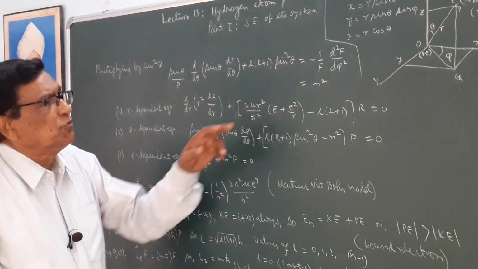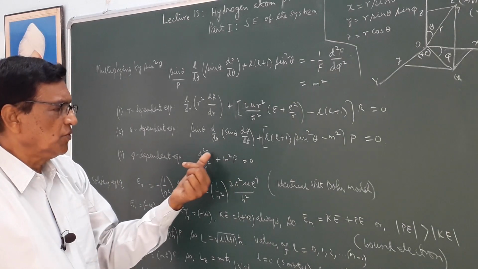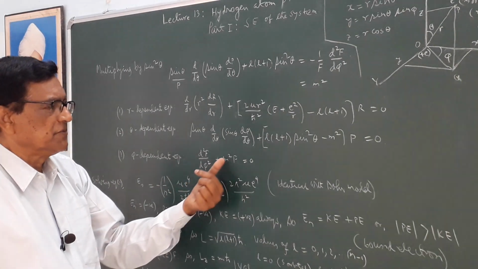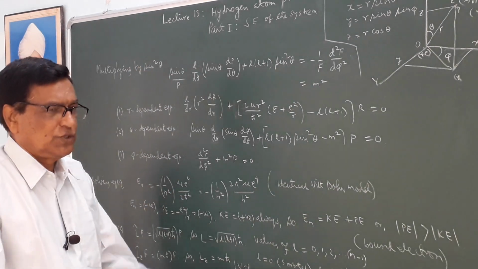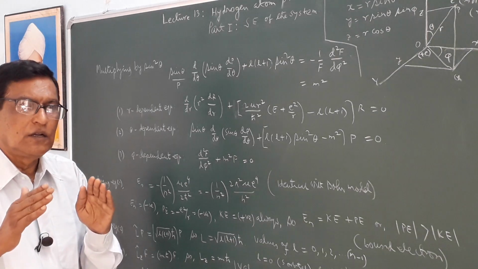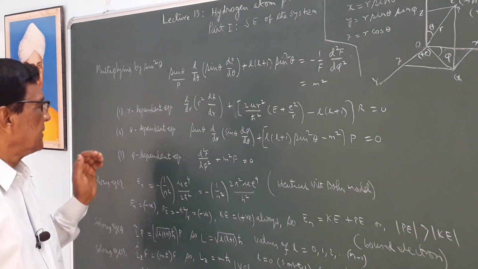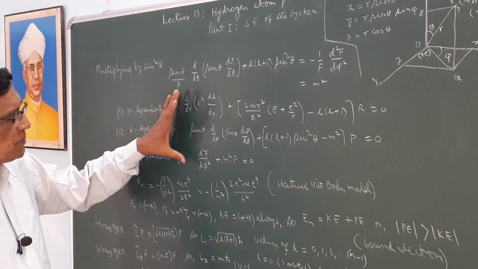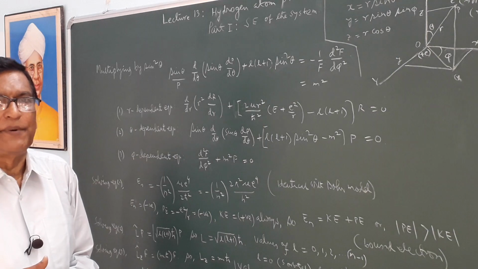And this last portion equals m square, so d2F by d phi square plus m square F equal to 0. So these are the three independent equations, each depending on one independent polar coordinate, and these equations can be solved by using polynomial algebra.